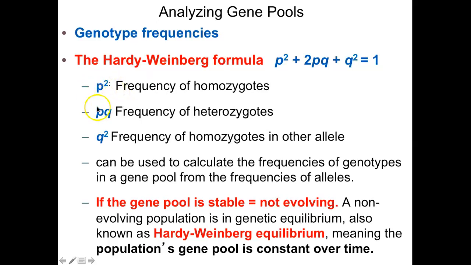You should know what these stand for, and that if you plug the allele frequencies into this equation and it equals 1, then we have a non-evolving population, or in other words, it's in Hardy-Weinberg equilibrium. So there are no changes to that gene pool, and all the allele frequencies are the same over time.